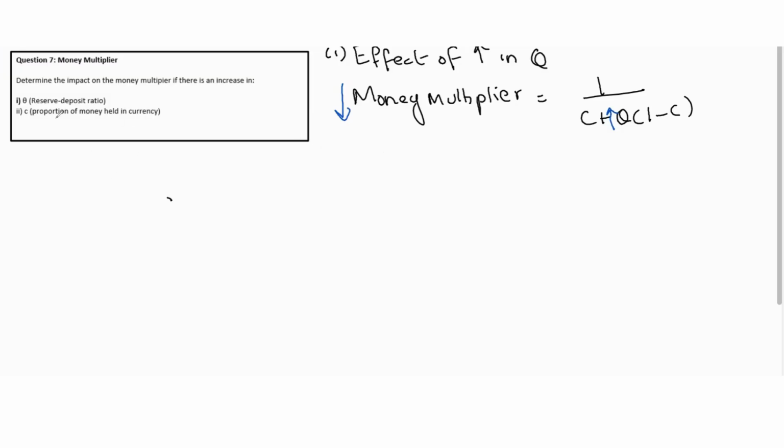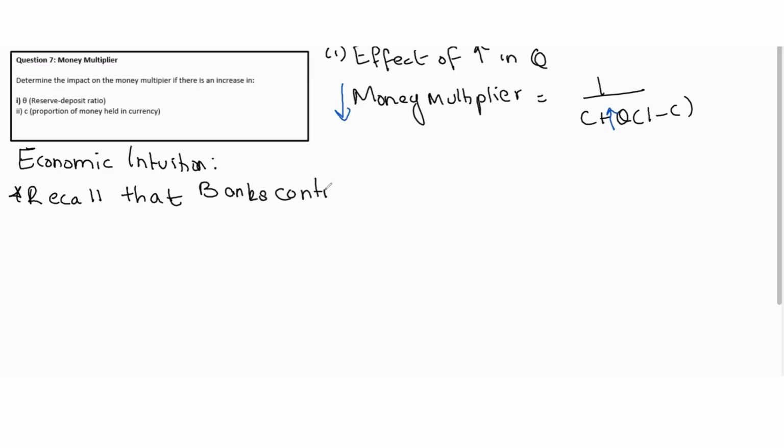Let's try to understand the economic intuition behind this. Why does an increase in theta reduce the money multiplier? Let's recall how banks contribute to money creation.